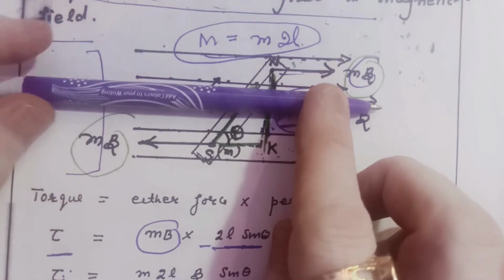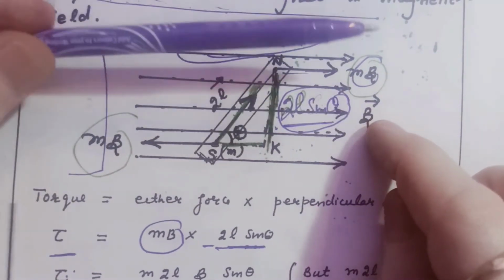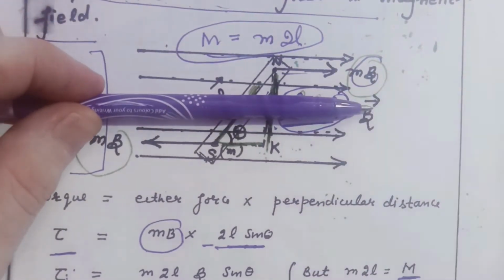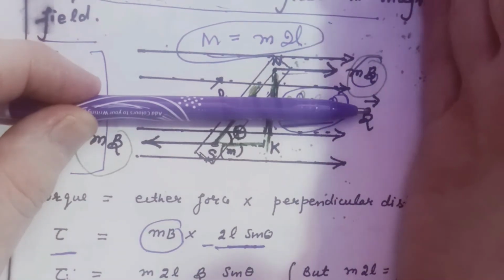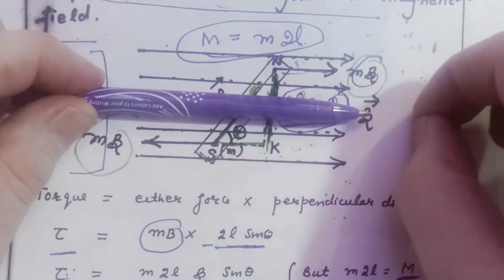No, forces are not 0. Forces are still acting, because this is the north pole of the magnet, and here is the external south, so the south will attract it along this side.